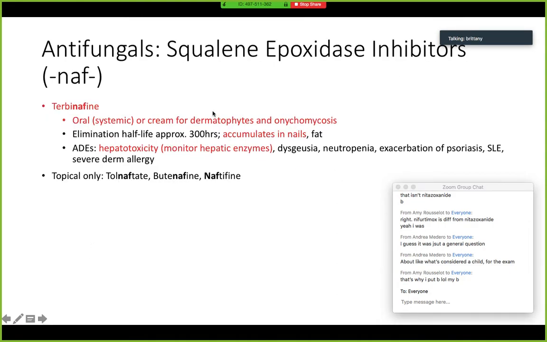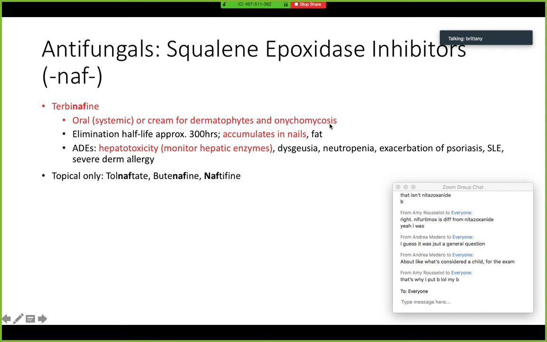Okay, so what to know here? I would know that anything with NAF in it, so terbinafine, tolnaftate, etc. So terbinafine, the big thing here is if somebody has a nail infection, so onychomycosis, that's referring to a fungal infection of the nails.